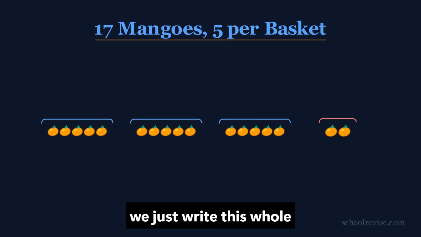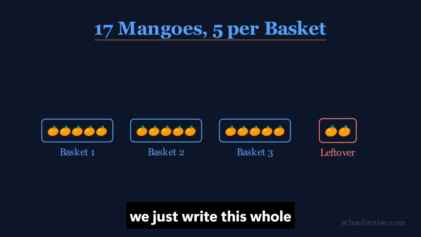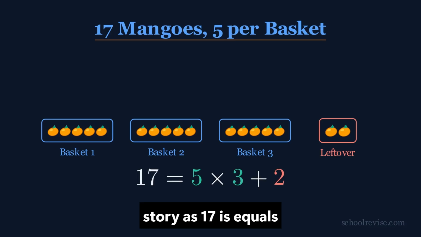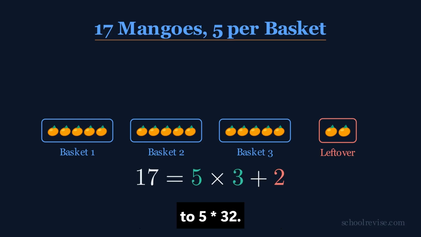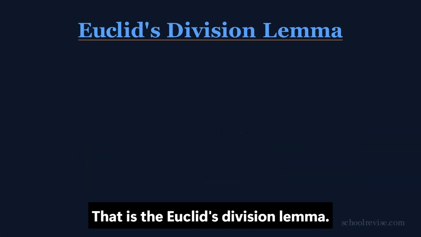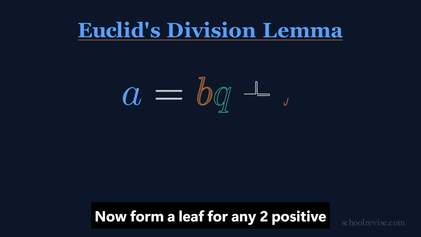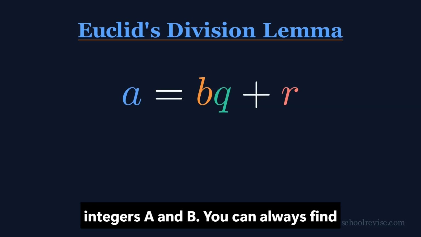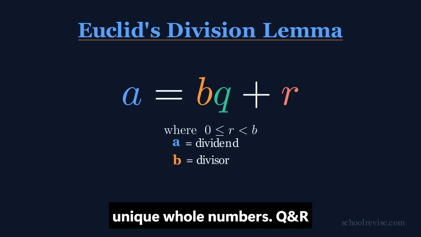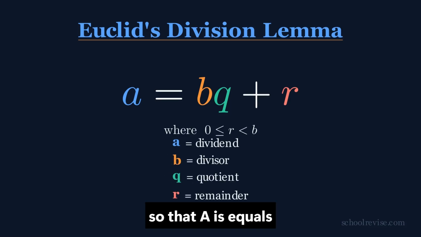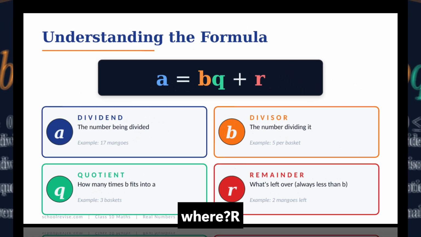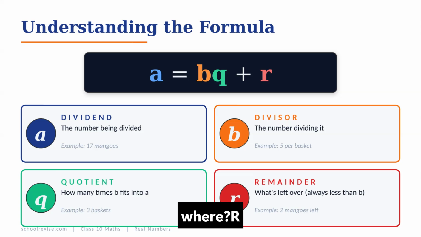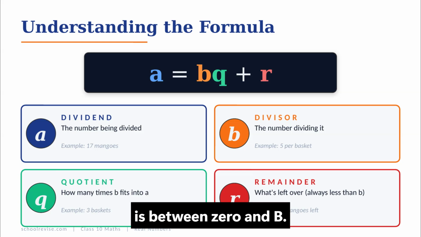In mathematics, we just write this whole story as 17 = 5 × 3 + 2. That's it. That is Euclid's division lemma. Now formally, for any 2 positive integers a and b, you can always find unique whole numbers q and r, so that a = bq + r, where r is between 0 and b.